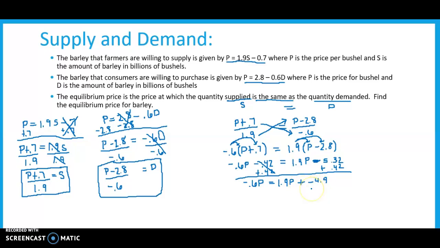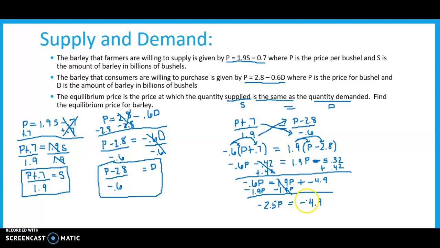Either way will work. Next thing I want to do is move this p term over here. So I'm going to subtract 1.9p from both sides. So here, these guys cancel. This side, both of these are negative. I do that work on my calculator, and I have negative 2.5p equal to negative 4.9.